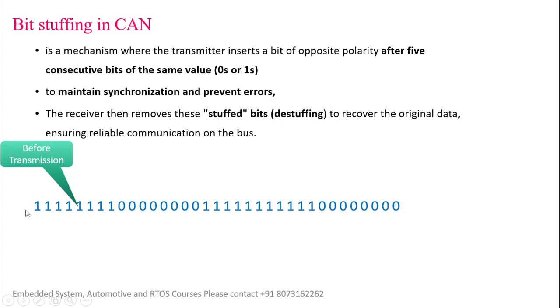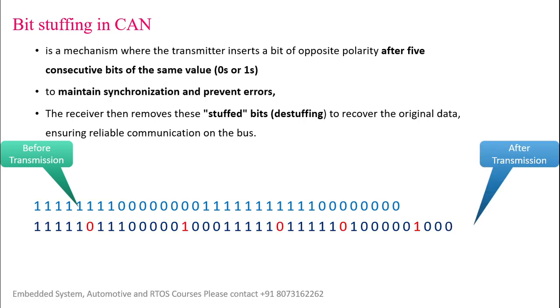Let us consider one example here. In this example, a continuous number of ones and a continuous number of zeros are represented. This is the signal before transmission. Now, what happens after transmission?